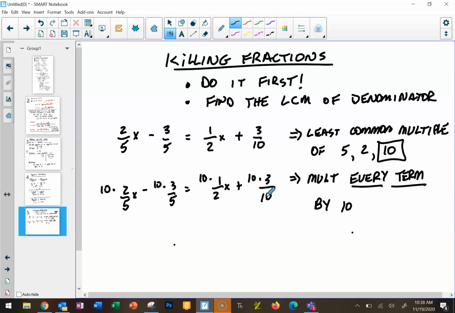Some people were just doing it to, let's say there was only one fraction in the whole equation, just the one fraction. You can't do that. Once you multiply a fraction by 10, you've got to multiply everything on both sides by 10.